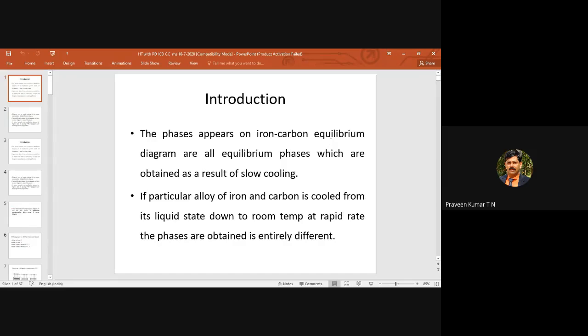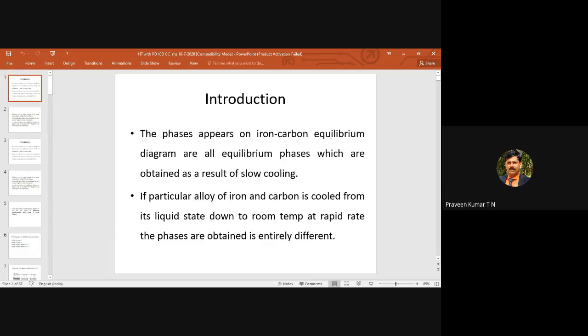Once you pour the molten metal into the mold, the cooling takes place very fast. At the center of the mold, the cooling may take place very slowly, but the molten metal very close to the mold is solidified first, then the solidification front moves toward the center of the mold. So in most practical cases, it is not an equilibrium cooling or heating process.